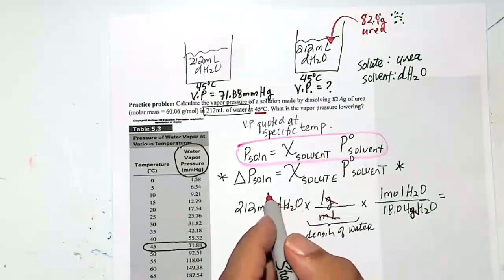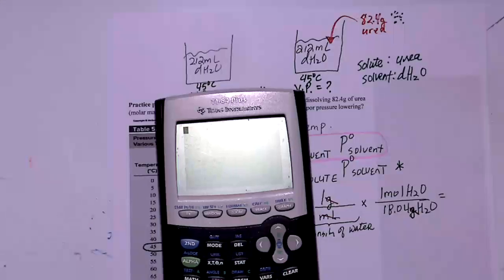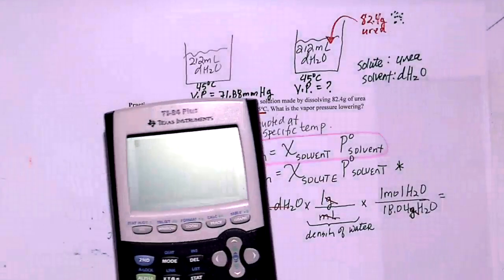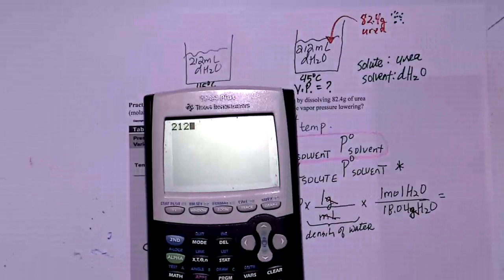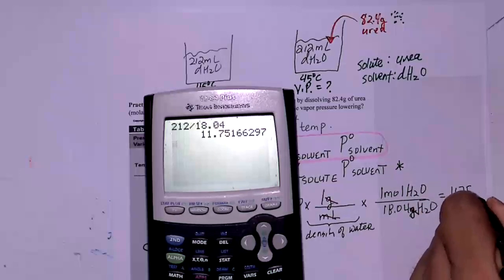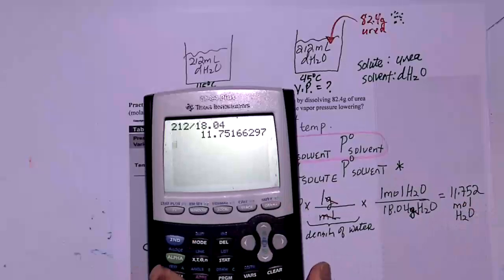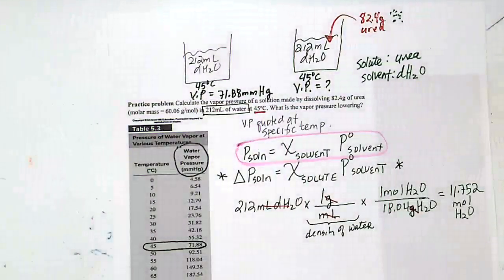And this is what we need to calculate the moles of water. 212 divided by 18.04 is about 11.75. I'll add some extra digits here: 11.752 moles of water. Remember, this is our solvent.